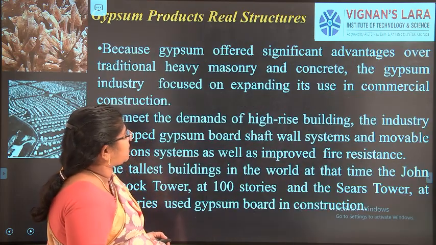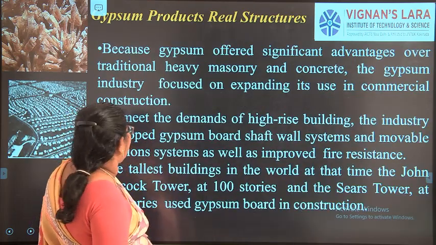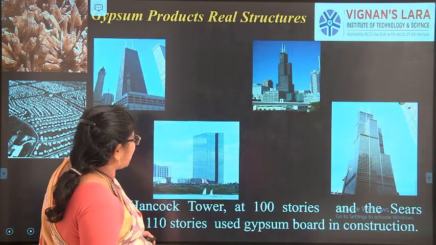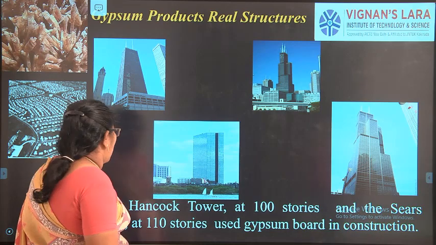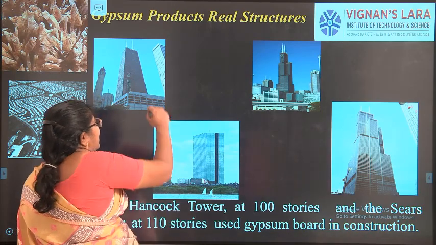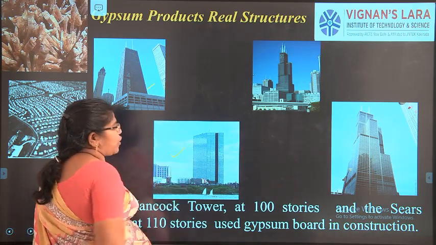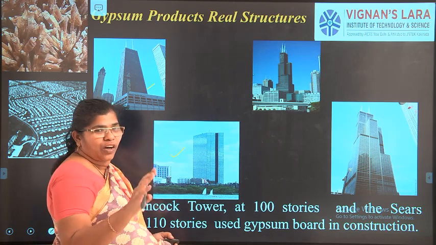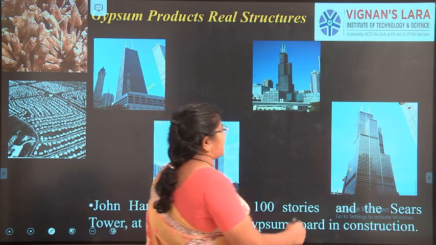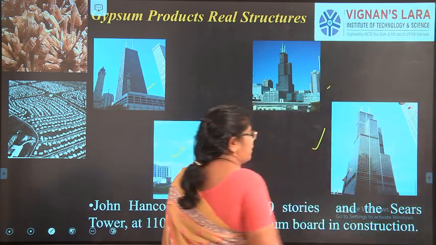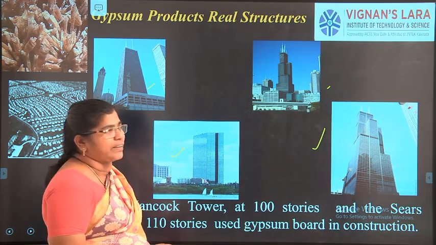So they used masonry concrete along with gypsum board, and these are the two buildings that were constructed. One is the 100-story Hancock Tower, still there in Chicago. It was one of the tallest towers at that time. And the second one is the Sears Tower with 110 stories. Both were the tallest towers at that time.